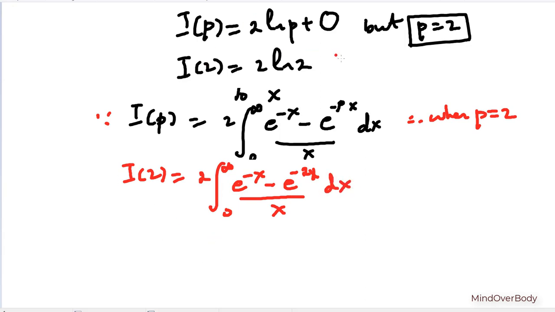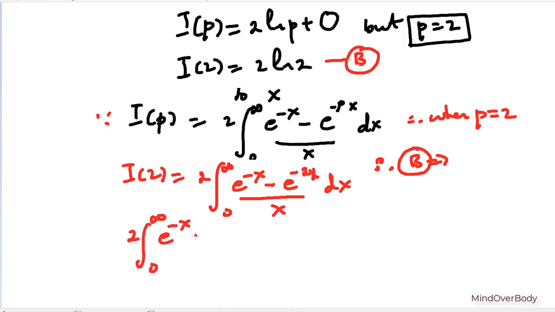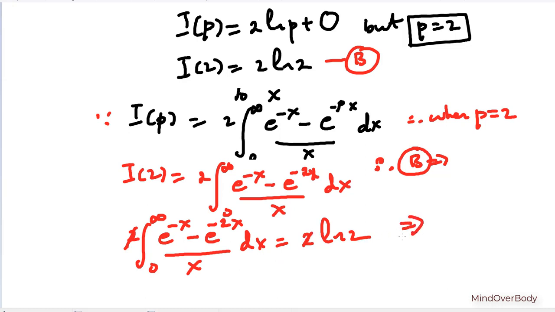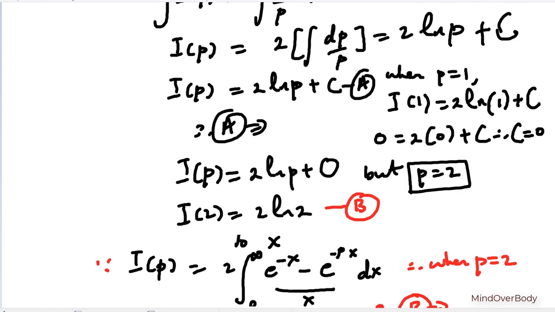So substituting, 2 times the integral from 0 to infinity of (e^(-x) minus e^(-2x)) divided by x dx is equal to 2 times ln 2. Right? So 2 and 2 get cancelled. This means the integral from 0 to infinity of (e^(-x) minus e^(-2x)) divided by x dx is equal to ln 2. Okay, so that is the final solution.